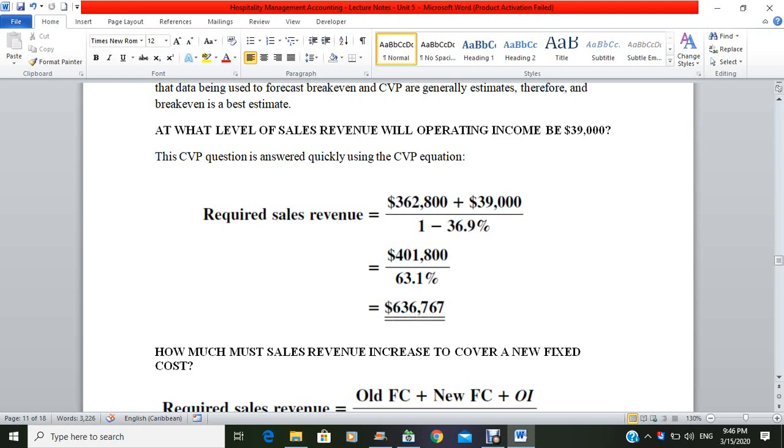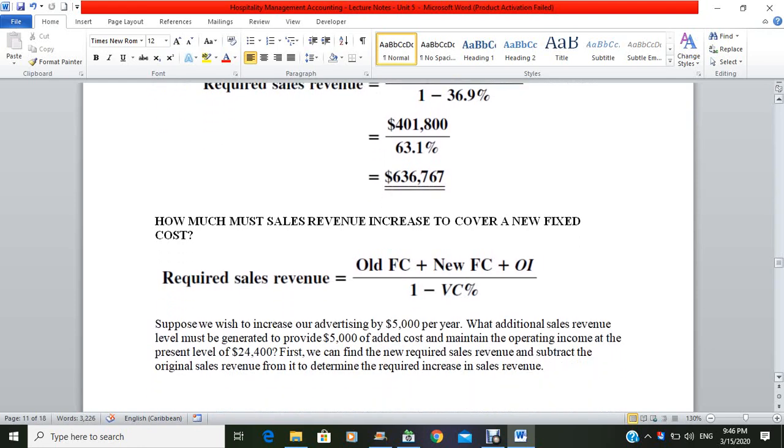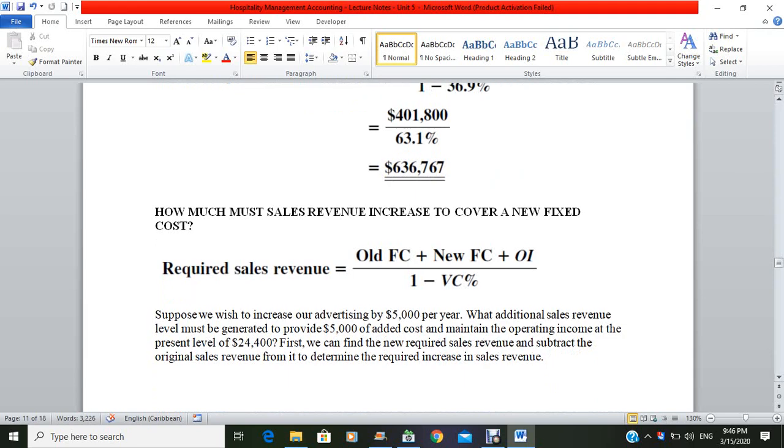You divide the figure right here by it, and this would be the amount of sales you would need to get a profit of $39,000. Alright?